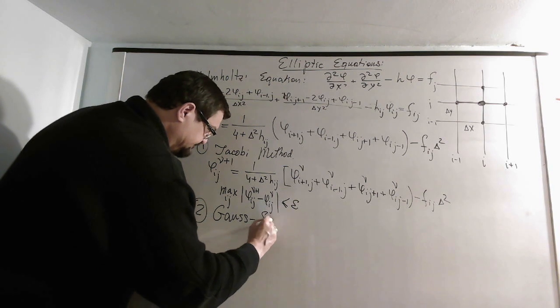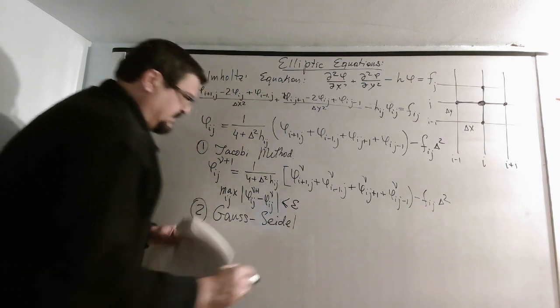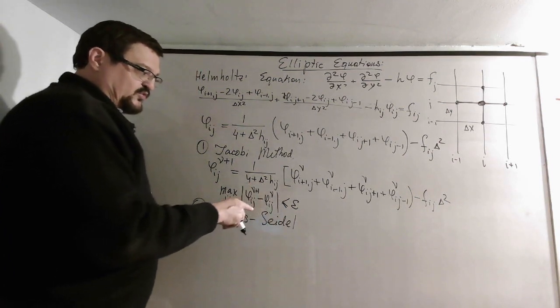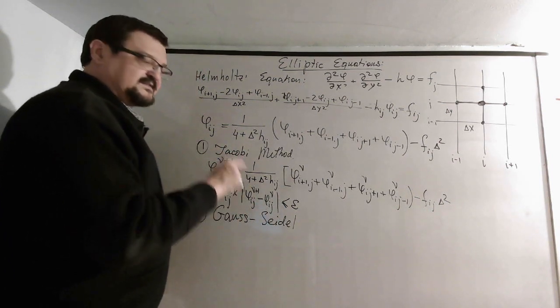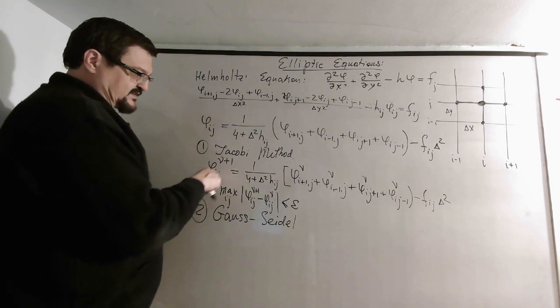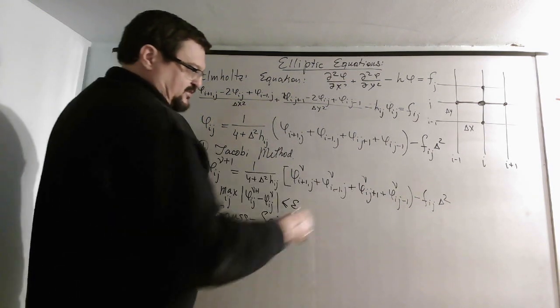In the Gauss-Seidel method you use this one array only, and you overwrite values that you just computed as a new iteration using this formula.